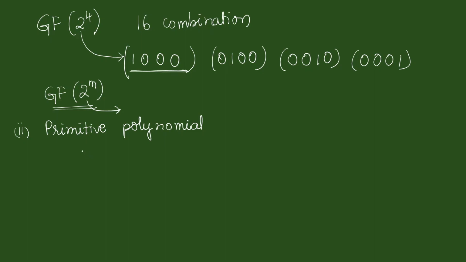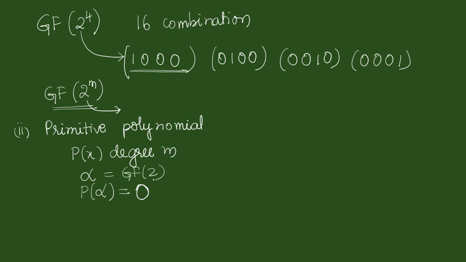Assume that I have a polynomial in x with degree m. If there exists a value, in place of x, if I replace it with an element called alpha, and this leads to a value 0, then all these alphas should again be from the GF of 2.